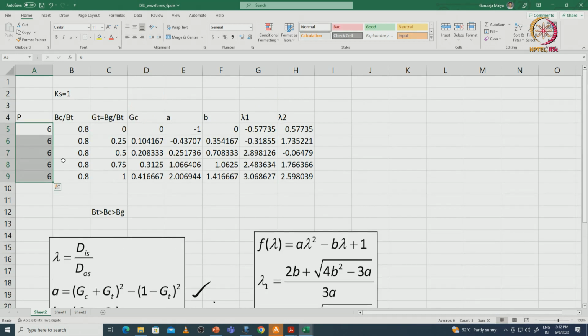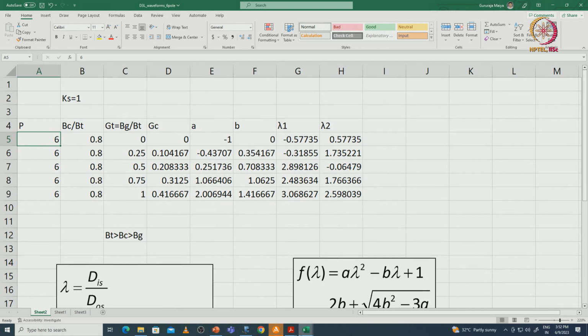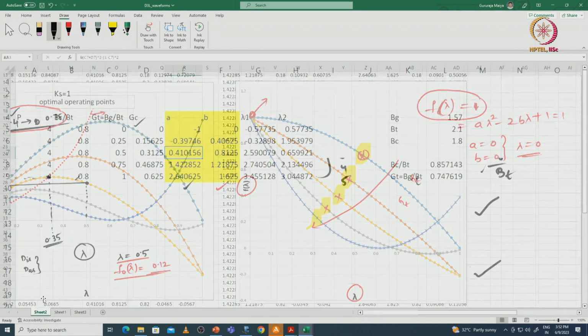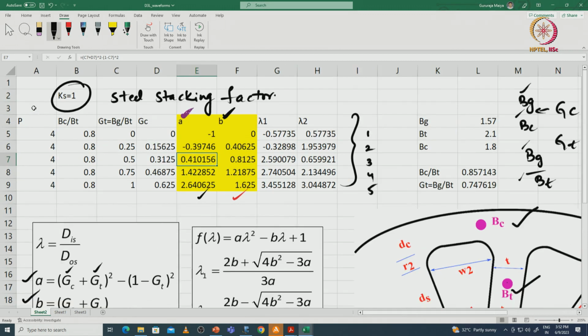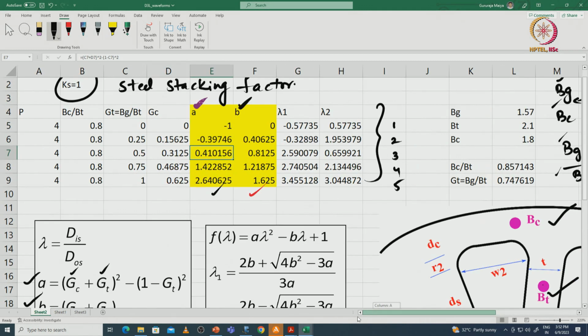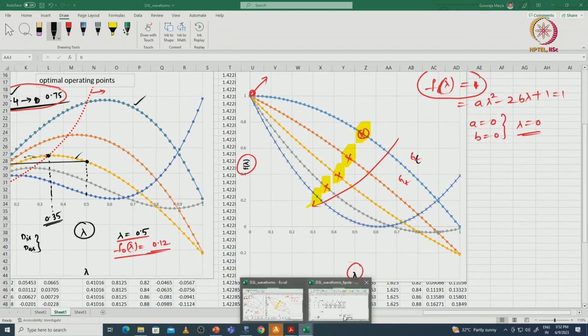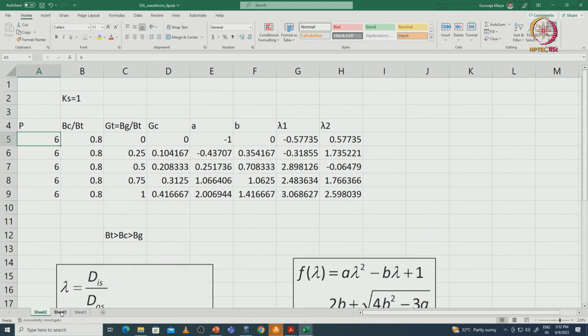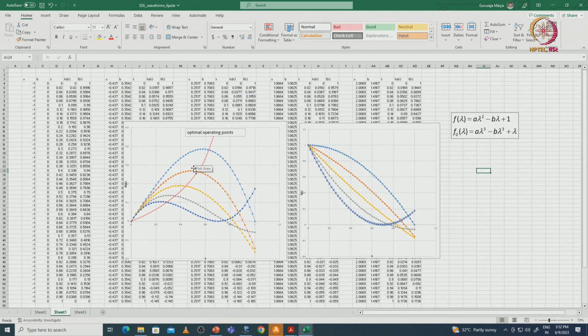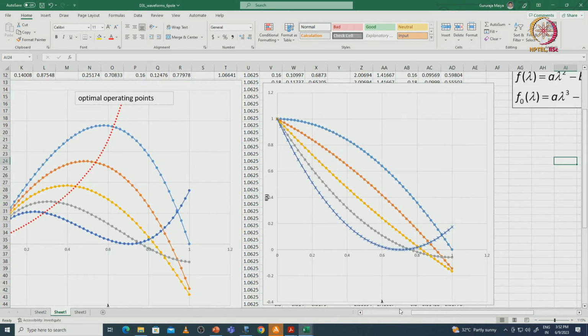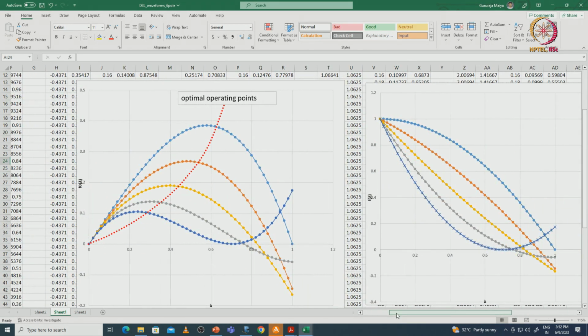Because of that, if I change it to 6 pole here, where earlier 4 pole was there, we can see here. For the 4 pole machine, I did the analysis, and we can observe the f of lambda as well as f naught of lambda curves. If we increase the number of poles, these curves will change in this manner, where the f of lambda values as well as f naught of lambda values will vary.